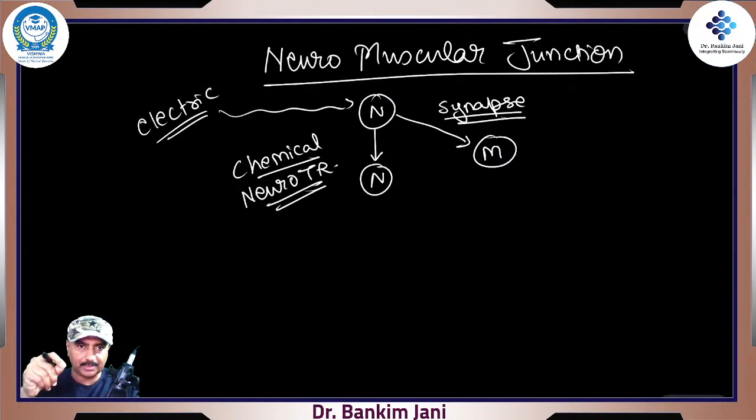And that neurotransmitter, when it touches the next nerve, gives the response. Now, whether it is stimulatory or inhibitory depends upon the neurotransmitter. That's what we understand. So when this neurotransmitter acts on the next neuron, that's how it works.